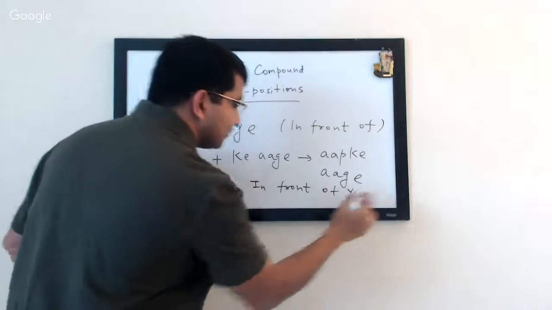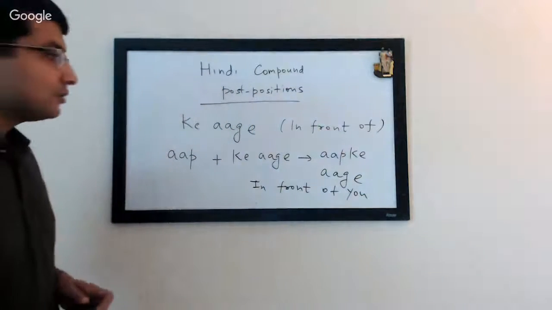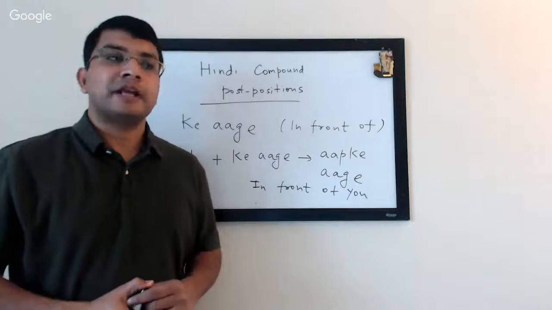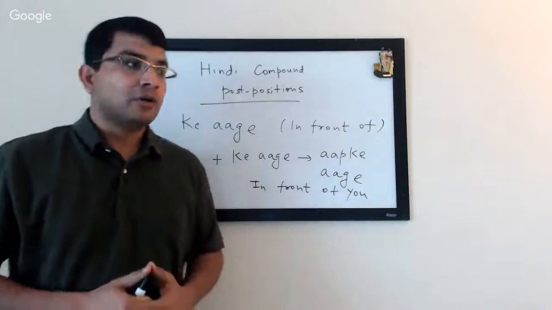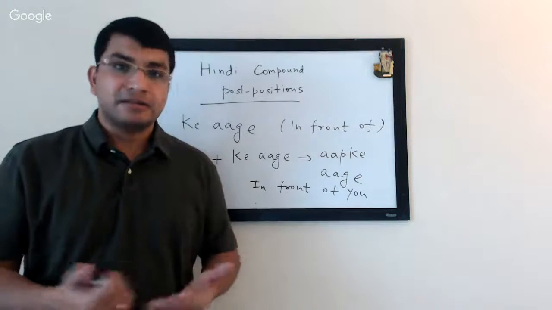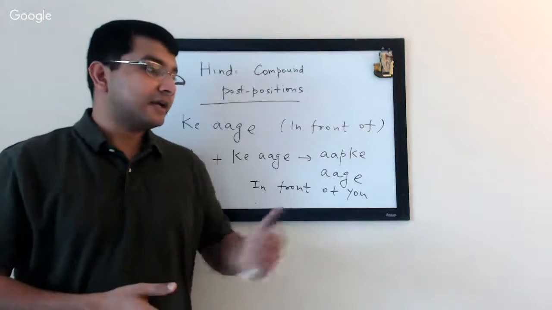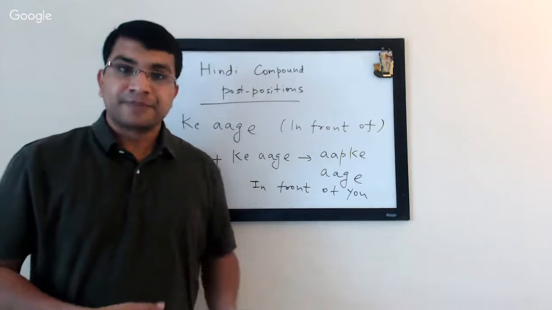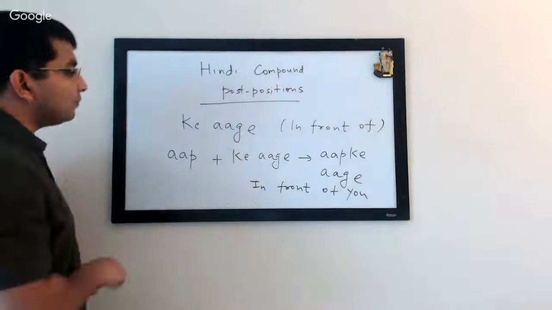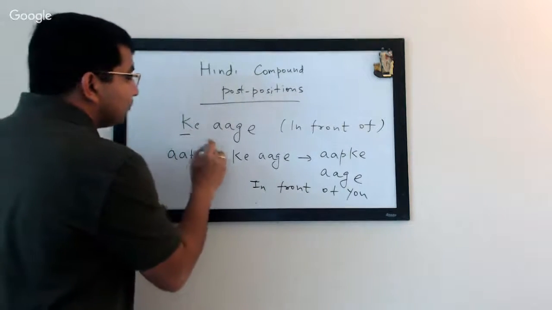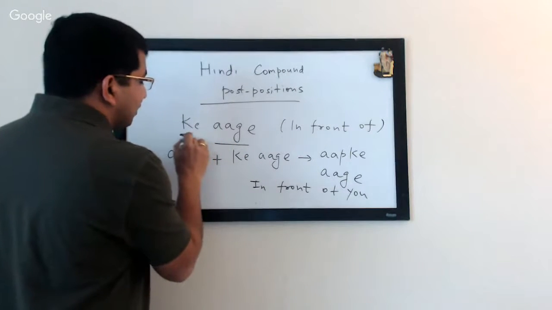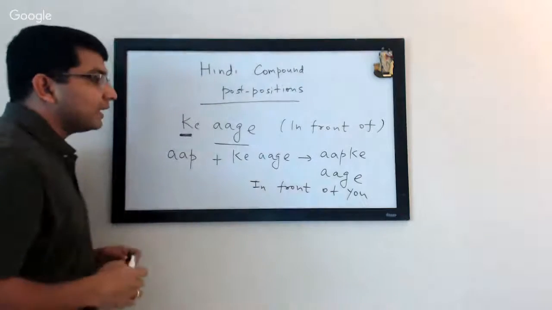So when I say aapke aage car hai, that means there's a car in front of you, or aapke aage bus hai, there's a bus in front of you. Or mere aage speed breaker hai, so there's a speed breaker right ahead of me. That's a compound post position because it comprises more than one keyword. You had ke, which is your post position, but along with that you have ke aage.